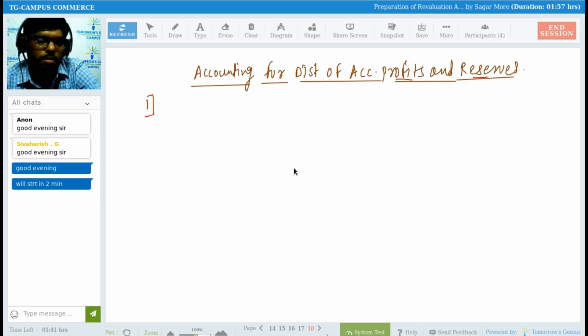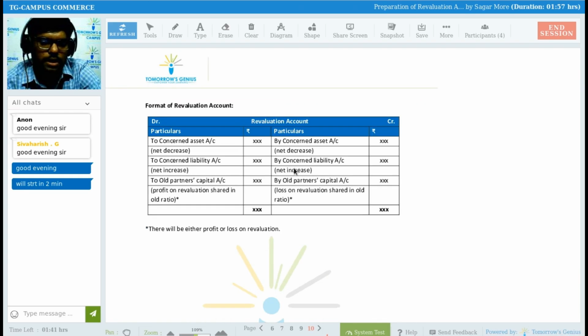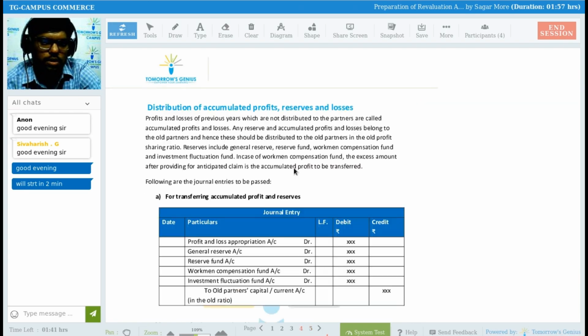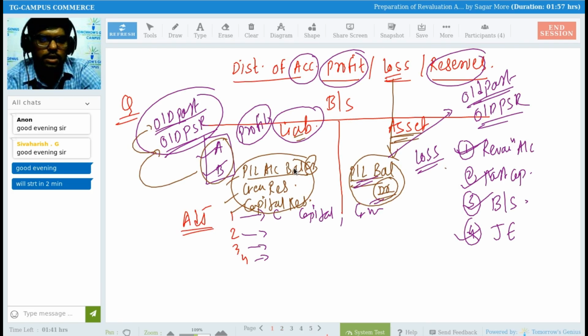You will be finding that from the balance sheet. I showed you now. See, I have prepared your balance sheet roughly over here. I showed you that on the balance sheet liability side you will be finding profit, and on the balance sheet asset side you will be finding loss.